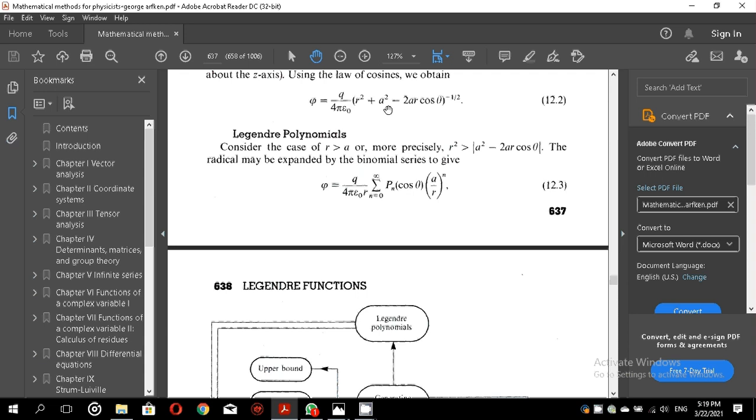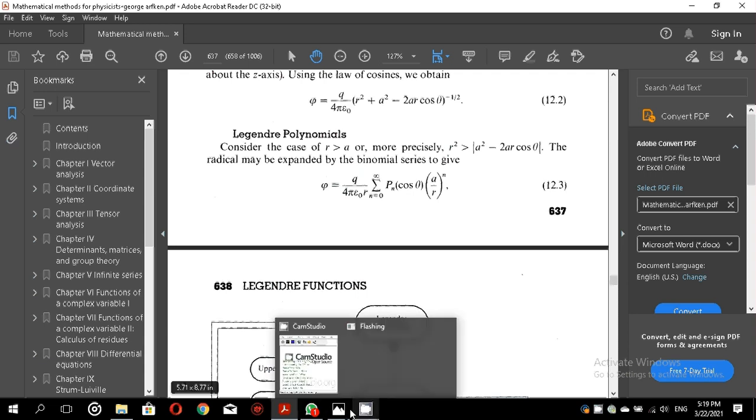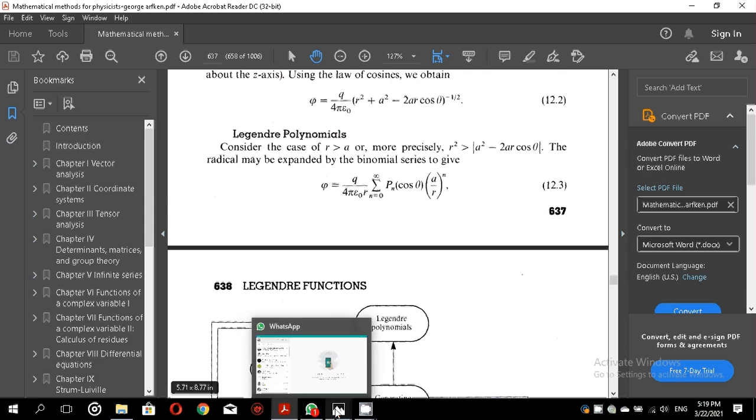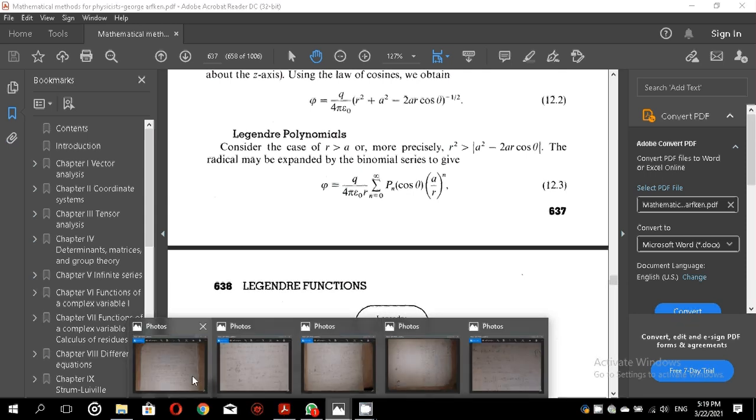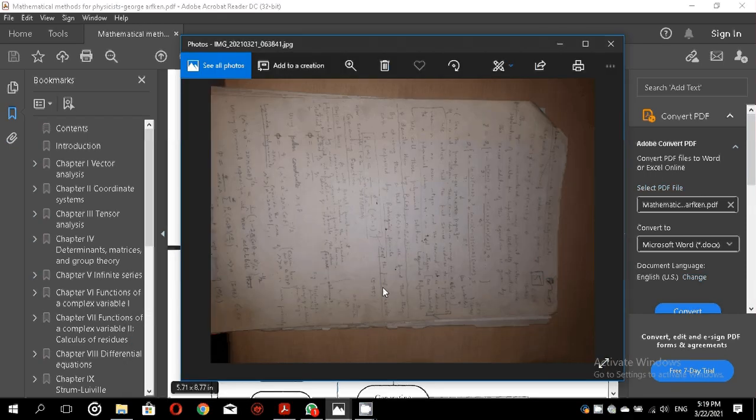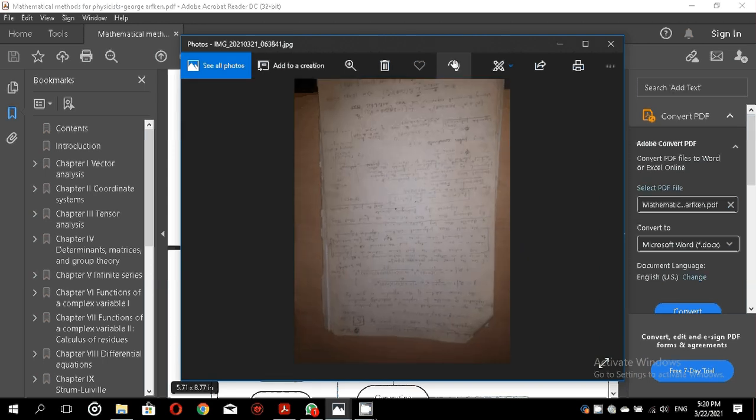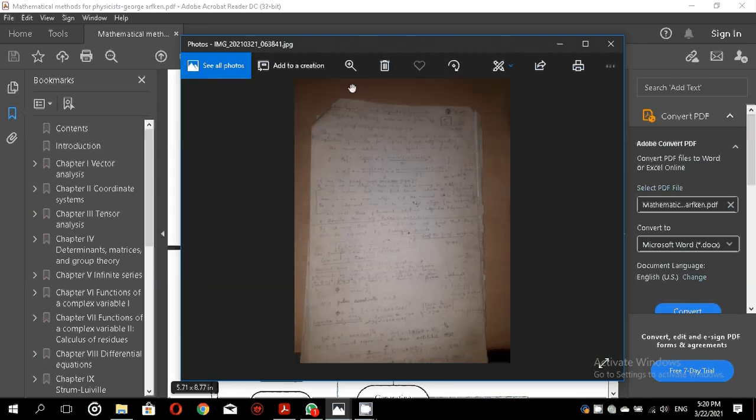No, it is page number 5. Let me display this page so that you can have a look. Well, this is page number 5. Let me put it upside down by rotating this page.